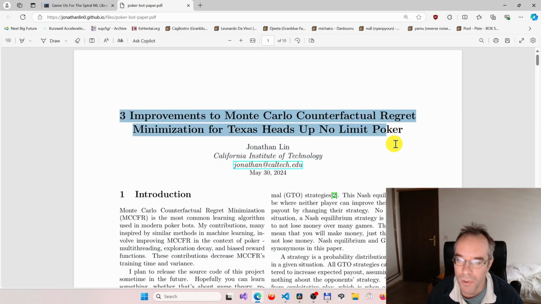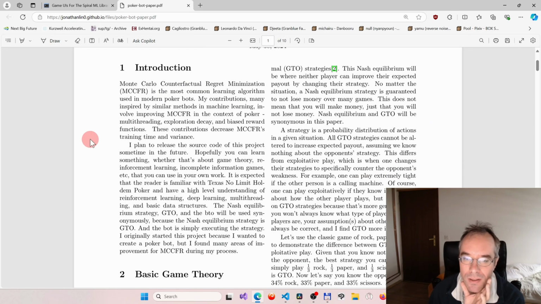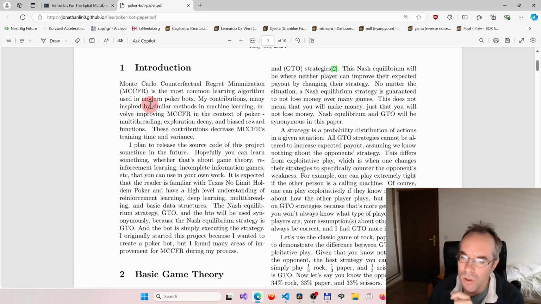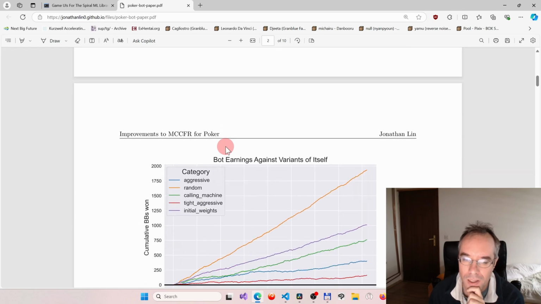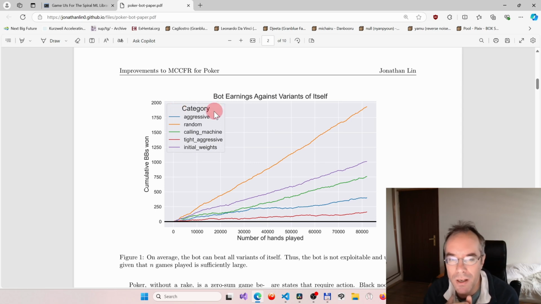I found this paper by Jonathan Lin, and it's very much all programming and no math, much like I like it. I won't go through all of this. It's a pretty basic paper, but it had something interesting for me here. What he did here is make various variations of a handcrafted player.